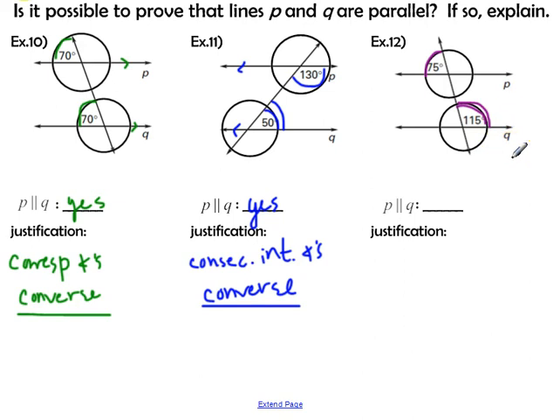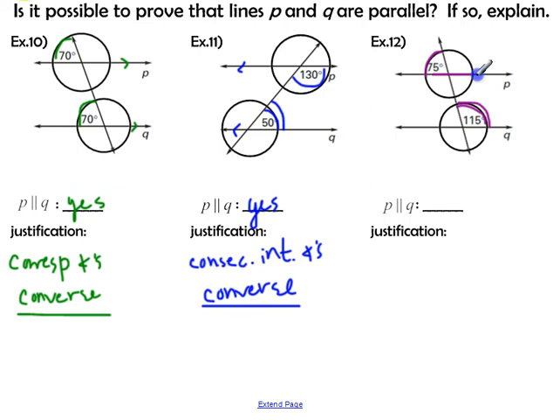So let's check the other ones. 75 is outside of line P, but 115 is inside of line Q. So the only other angles we can talk about are interior angles and exterior angles. But if you have one that's outside and one that's inside, they actually don't match.